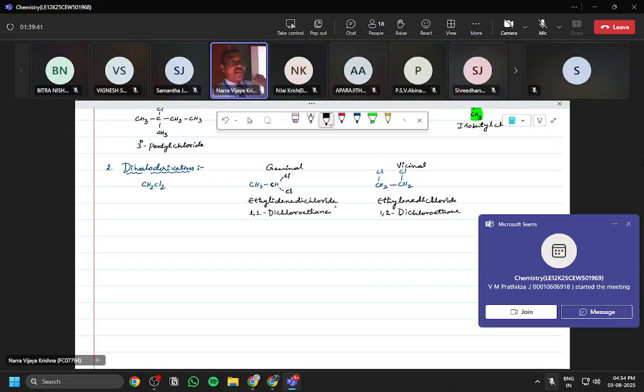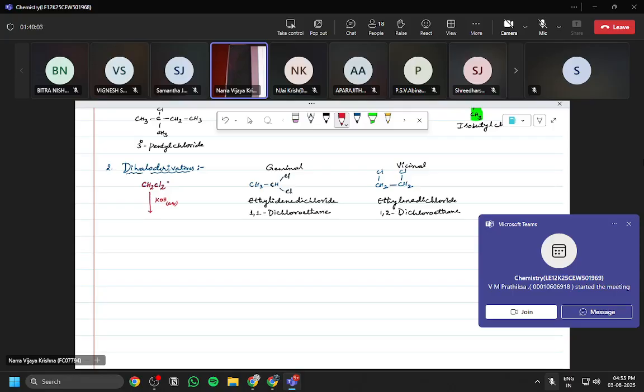Any question, sir? If this is allowed to react with alcoholic KOH, what happens? Very, very famous reaction. Aqueous KOH shows substitution. Alcoholic KOH shows elimination. So OH minus acts as a base. What will a base do?